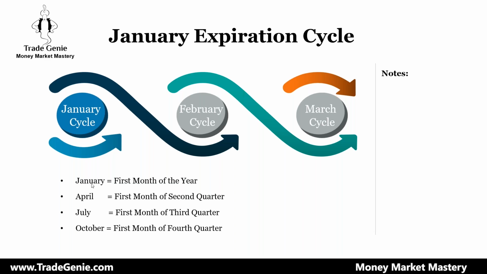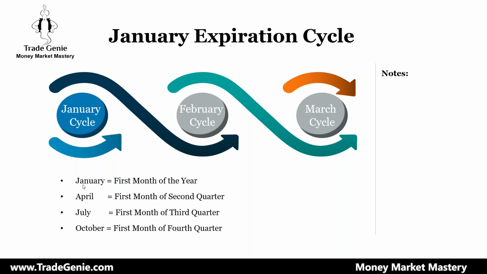So now, let's say August expires next week. Knowing that August expiry is coming on Friday, after that we will not see August at all. We will see September, October, and January.